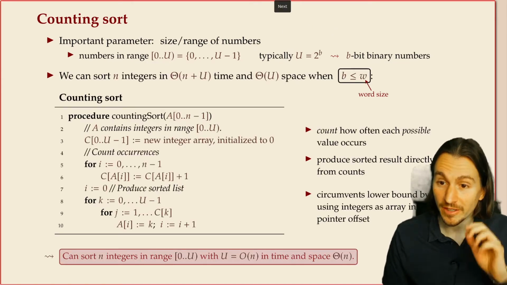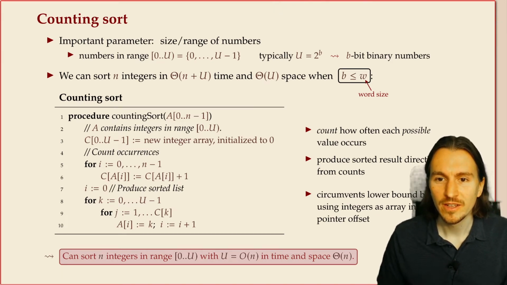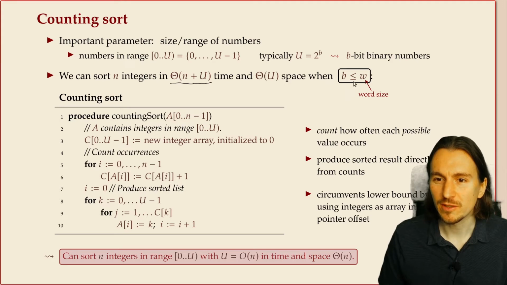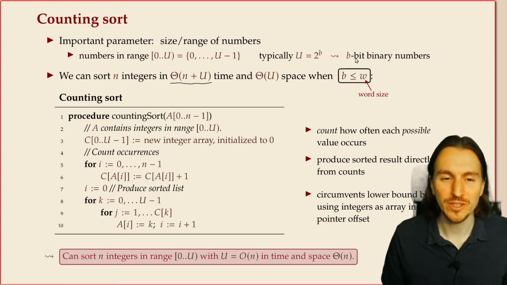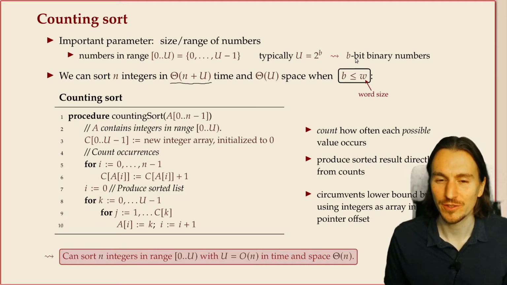That's natural, and in this setting, we can actually sort in linear time, in time theta of n plus u, and n is the number of integers. That is often linear time. And theta u space, when there's a condition attached to this, when b is at most w. So when the number of bits we need to write down a single integer is at most the word size.